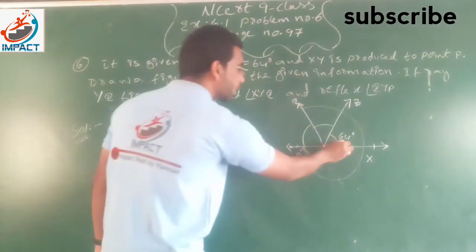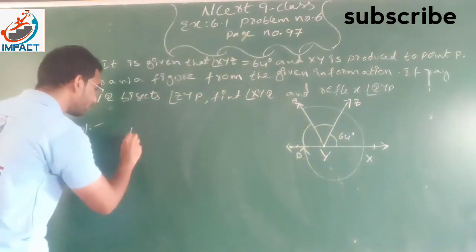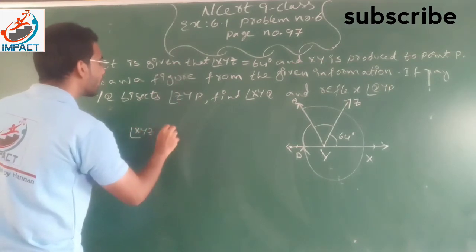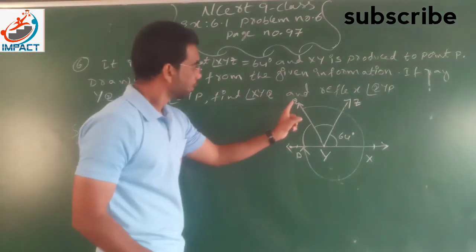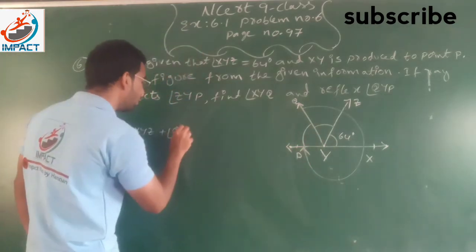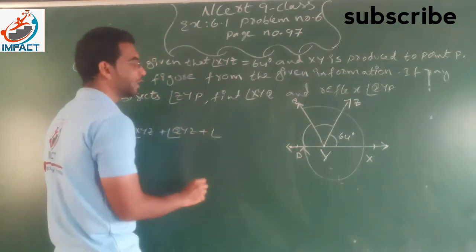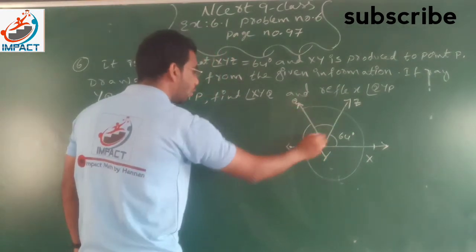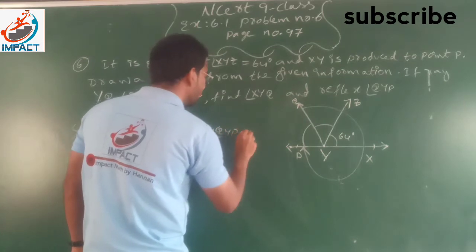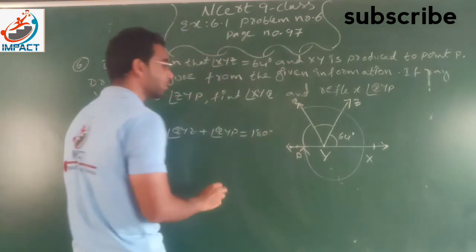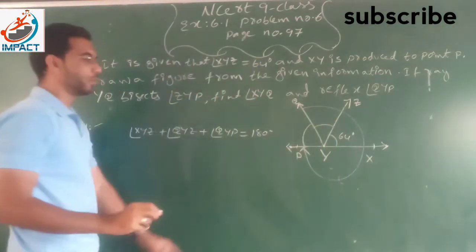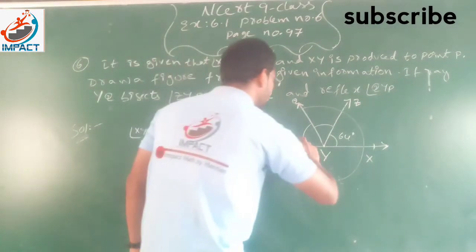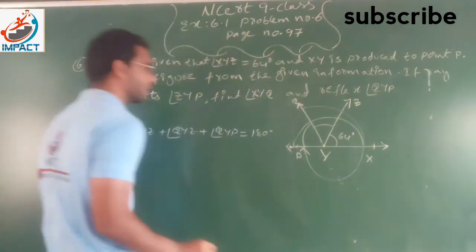So the total: angle XYZ plus angle QYZ plus angle QYP equals 180 degrees, because the total sum of these angles is a straight angle, which is 180 degrees.